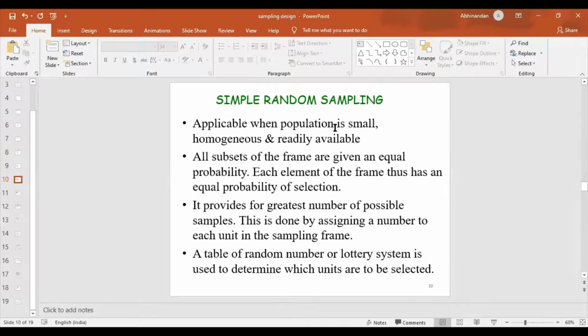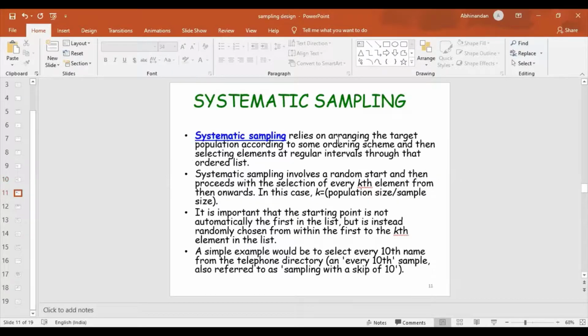And next one is systematic sampling technique, which, as the name itself explains, is a more systematic way. Take the same example. There are 100 students. I can assign certain numbers and arrange the students in order: 1, 2, 3, 4. The first step is you have to pick one number at random.